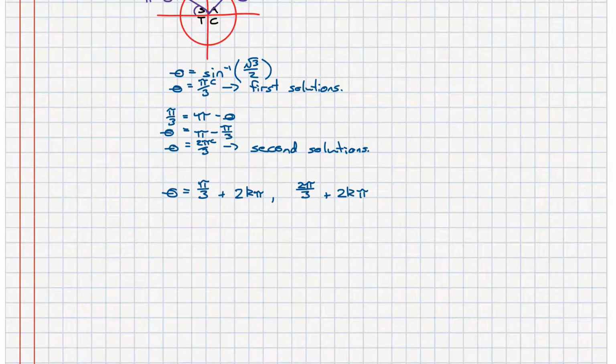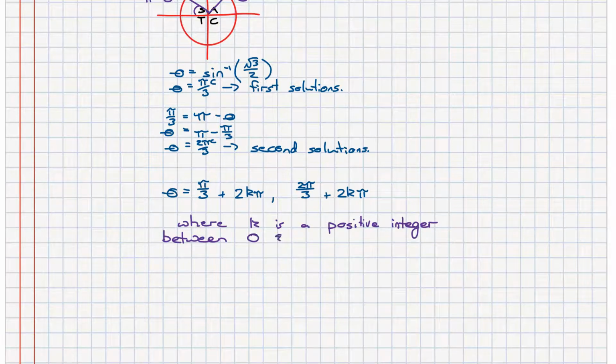So we're going to say where k is a positive integer between 0 and 1. Now the next question might be, well, how do I know it's between 0 and 1?